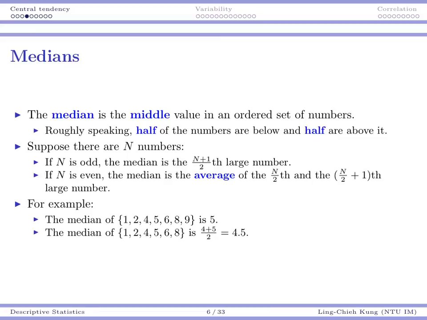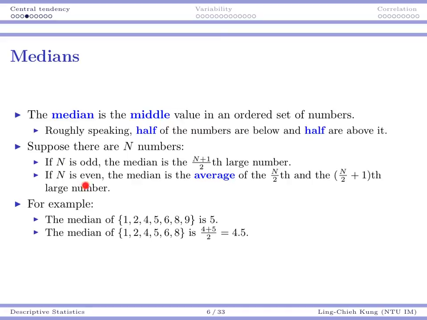So the median is just located exactly at the half of the ordered data set. Suppose there are n numbers in total, then precisely we can say if n is odd, then the median would be exactly the number at the center point, the (n plus 1) over 2th largest number.